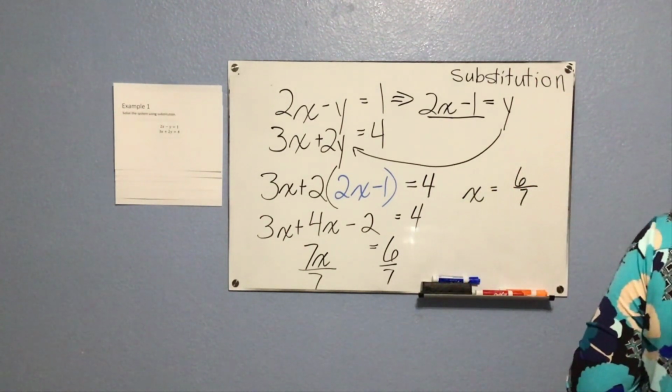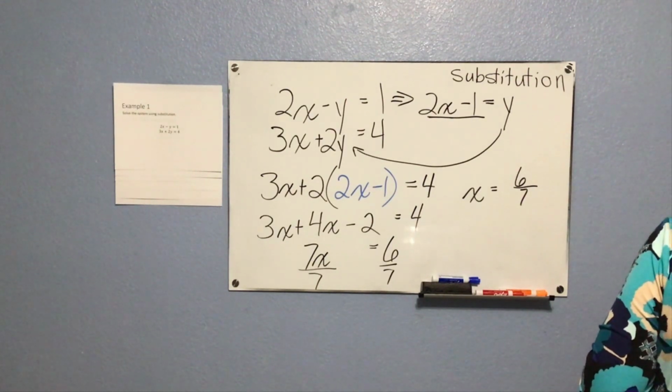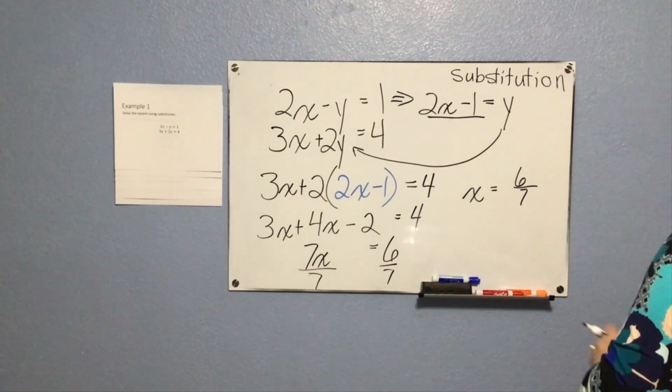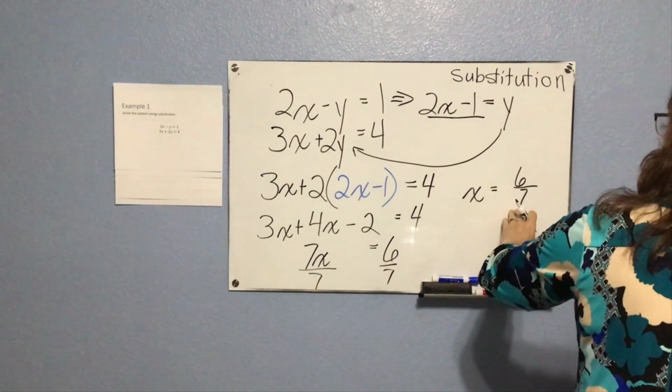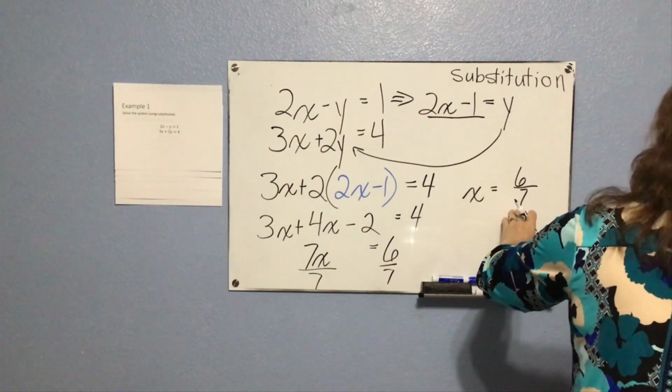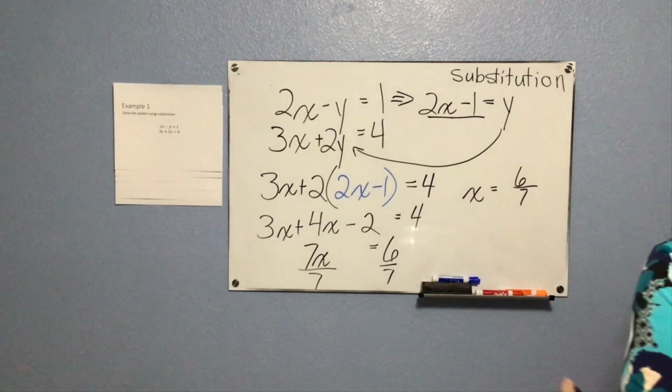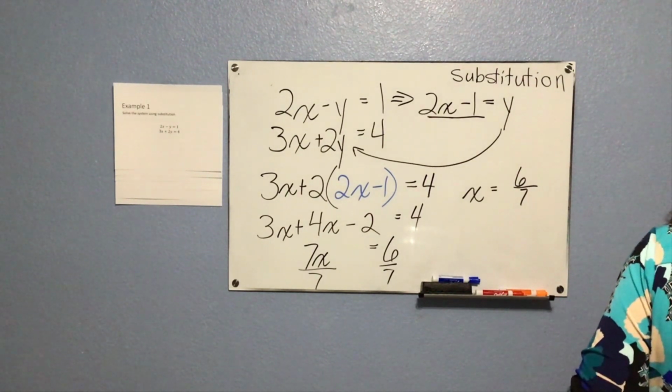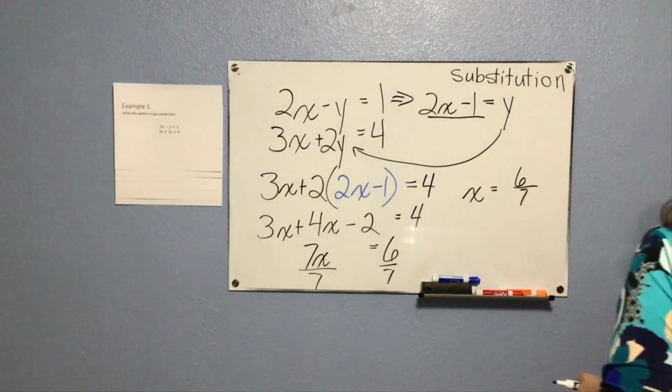Now when I'm solving systems, I have to always remember that when I get to this point, I'm not finished. I've got a value for x, but to solve the system, I need to have a value for y as well.